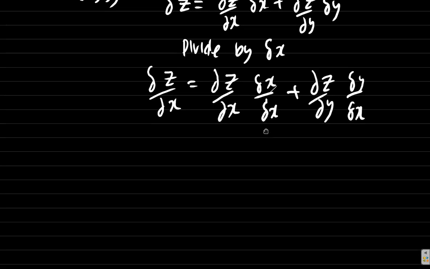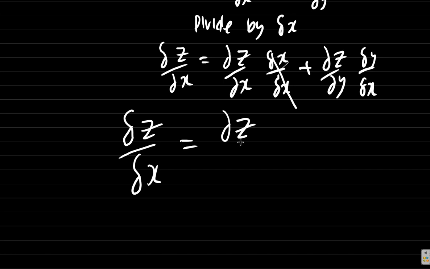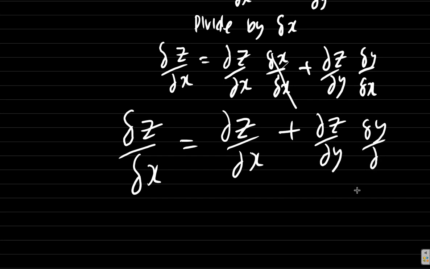Alright, so that's what we have there. But del x cancels del x. So we have del z by del x is equal to delta z by delta x plus delta z by delta y, del y by del x. Alright, good.